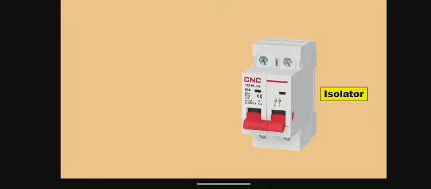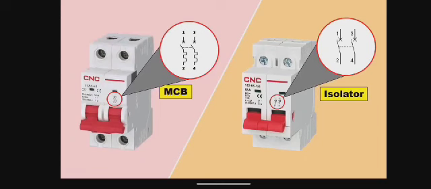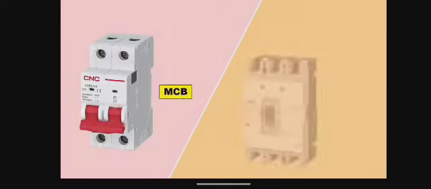And if you install an isolator in your home, you will not get any kind of protection. You can look on this screen at the symbol of an MCB and the symbol of an isolator. So whenever you go to buy an MCB, look carefully at the symbol on the MCB, whether it is an MCB or not.